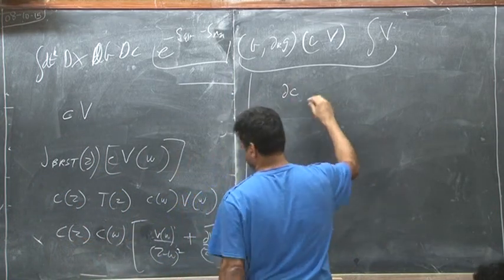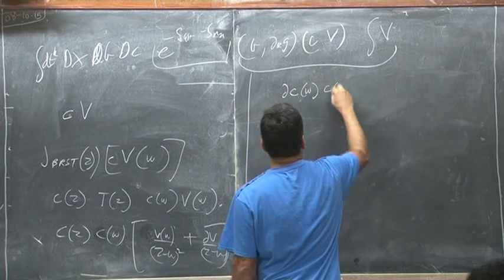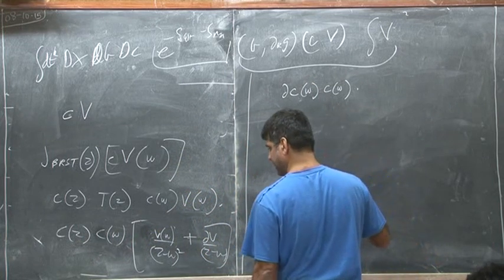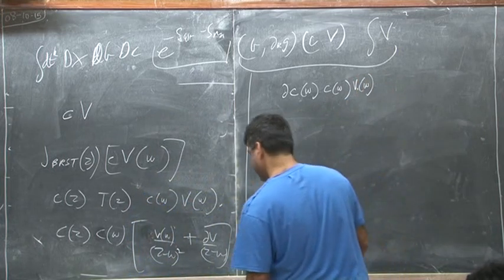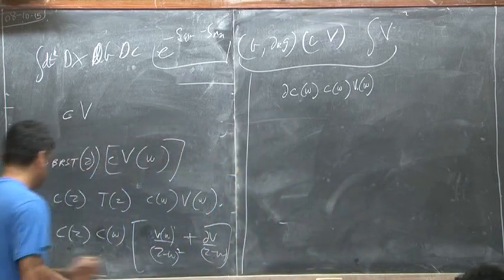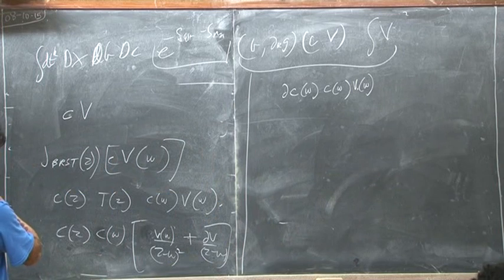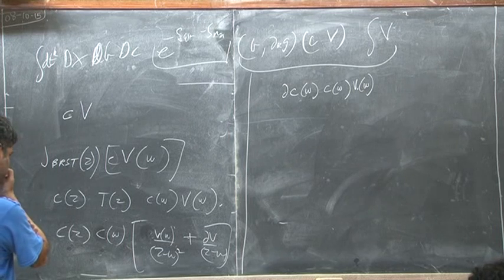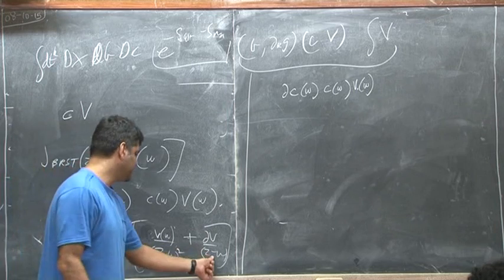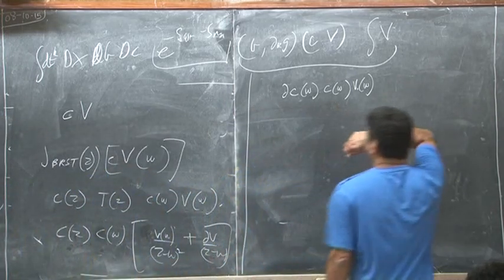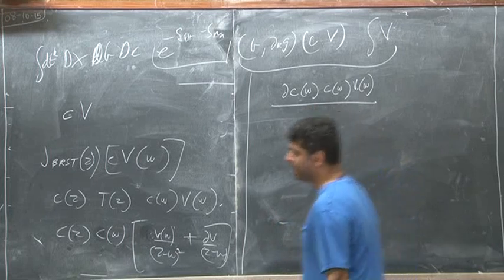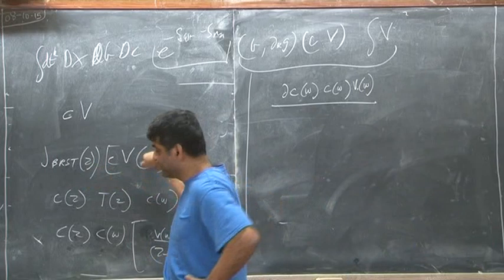So that's del c of w, c of w, V of w, plus this term here just gives us c, because we just have to set z equals w, and if we set z equals w, we just get c squared. So this is the thing we get. So J BRST of z acting on c times V.